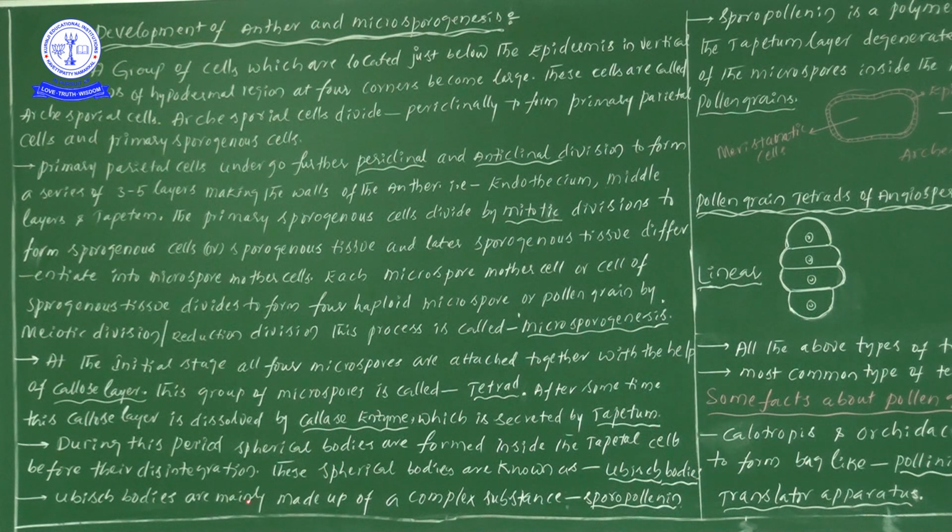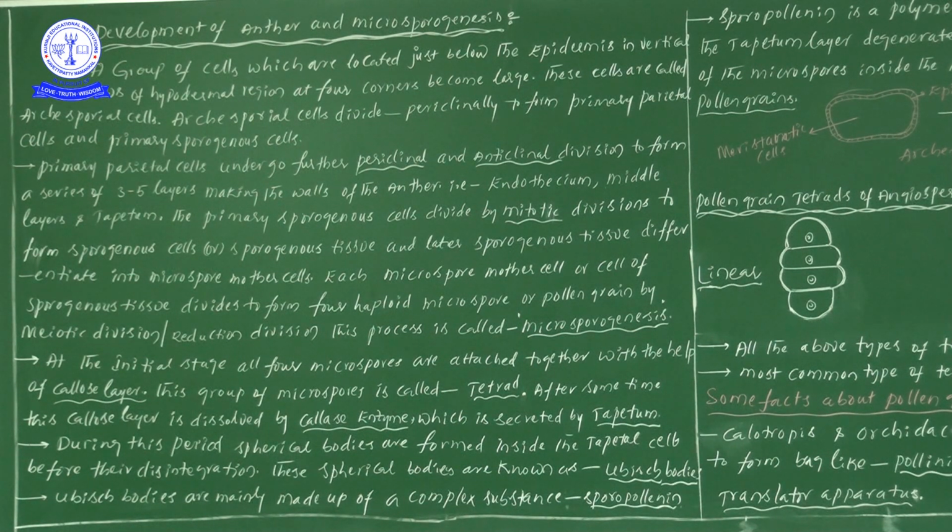These Ubisch bodies are mainly made up of a complex substance, sporopollenin. Already yesterday's information, but newly we are learning it now again. Now the importance of this sporopollenin, what is the main important point?